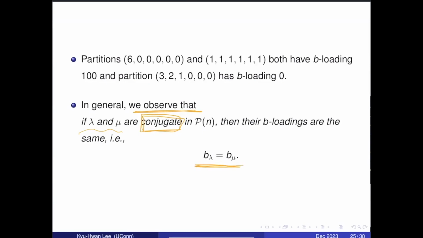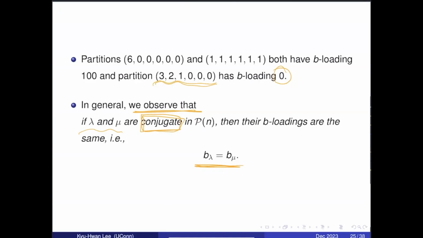Of course, 3, 2, 1, 0, 0, 0 appeared just once. So it means the B loading is 0, and there is only one. The reason is the conjugate of 3, 2, 1 is itself. So it's a natural thing, consistent.